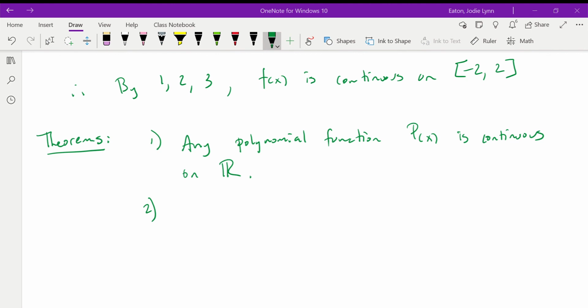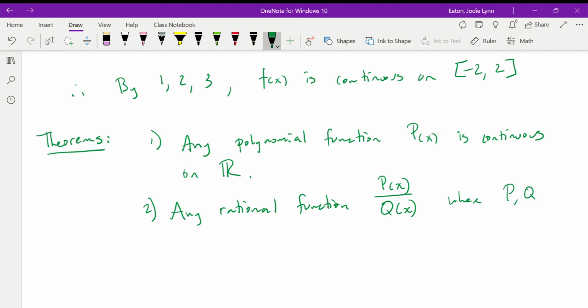Number 2, any rational function p of x over q of x, where p and q are polynomials, is continuous for all x where q of x is not equal to 0.